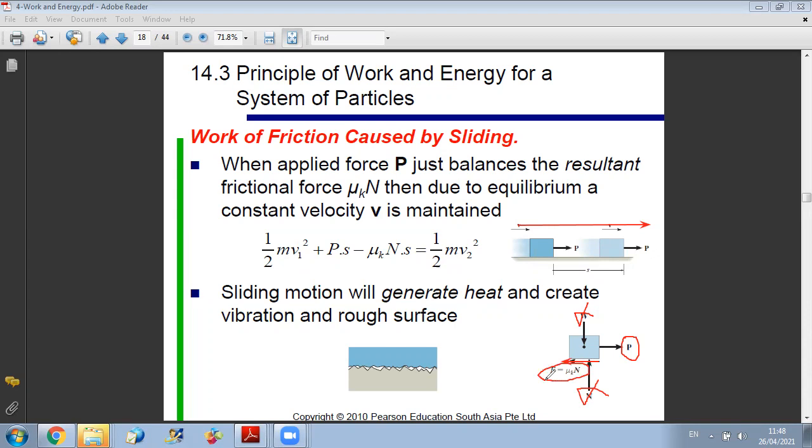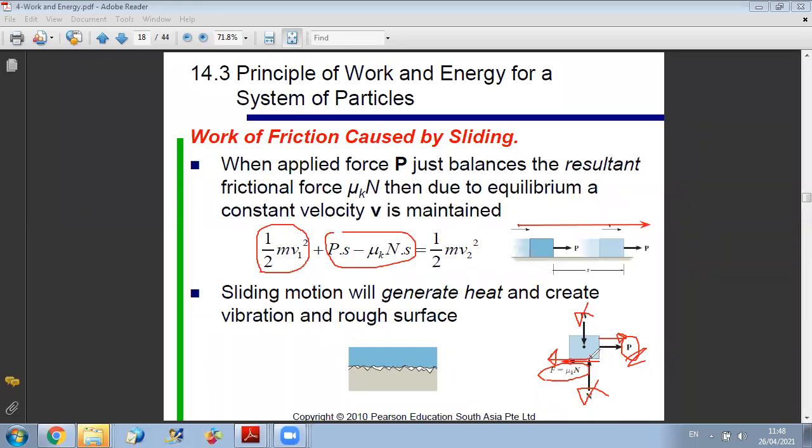Then we can write the initial kinetic energy of the system plus the work of all external forces, so just the work of P and the work of F. Since P is along motion, it has a positive work, and assuming it's a constant force, its work will be P times the displacement S. While for the friction, since it's trying to oppose motion, it's a negative work.